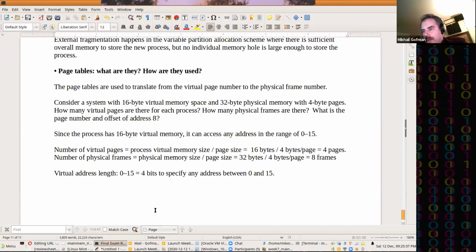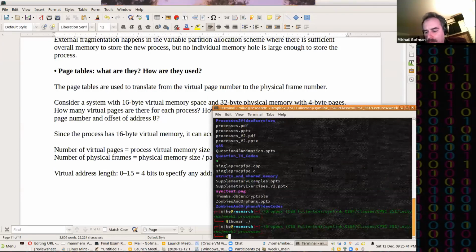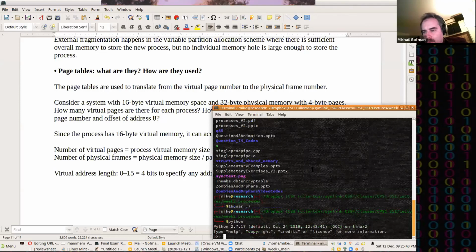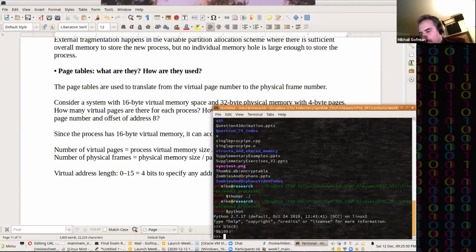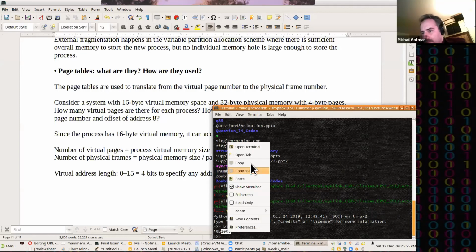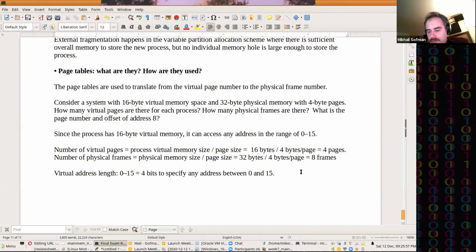I'm going to convert 8 into a 4-bit number, and you can always use Python for that if you want to. I don't really need it for 8, but just to show you how that works. This is what 8 looks like in binary: 1 0 0 0.